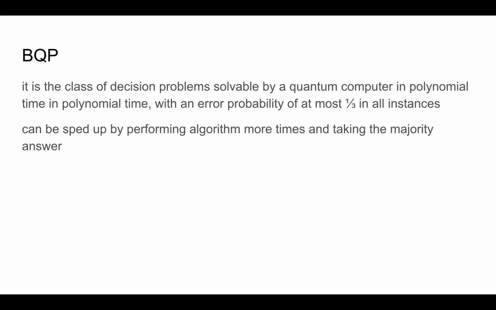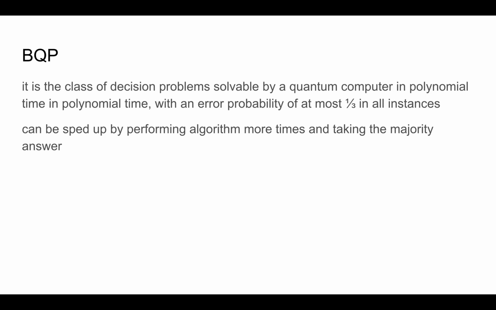So here's one thing to note. The second thing to note is that if a problem is in the language, then a BQP algorithm should accept that problem at least 2/3 of the time. It should accept it with high probability.